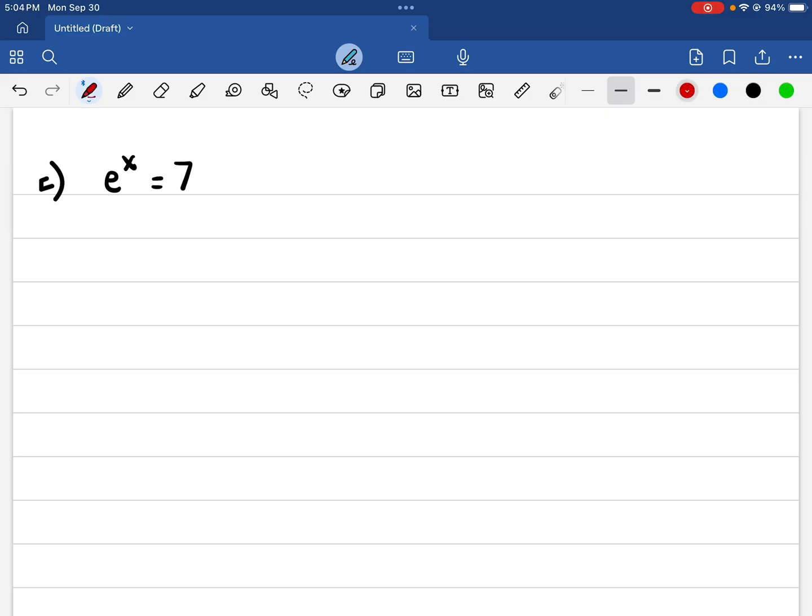So when it comes to getting rid of that e right there, all I have to do is the inverse of it, which is to take the natural log of both sides. Unlike with exponential base log and things like that, natural log and base e automatically cancel each other out, which allows you to then drop that x down, and then all you have to do is figure out what is the natural log of 7.